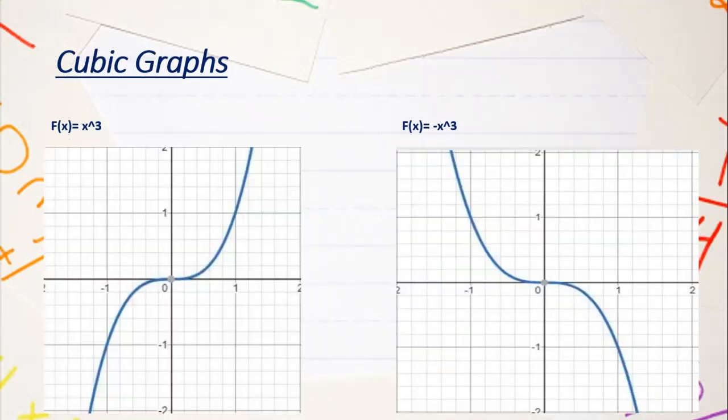Now we have cubic graphs. f(x) = x³. Just as the name says, we have a cubic graph. So x³ positive is a happy face, or a slant shape on both sides, and f(x) = −x³ is just the opposite of the positive shape.